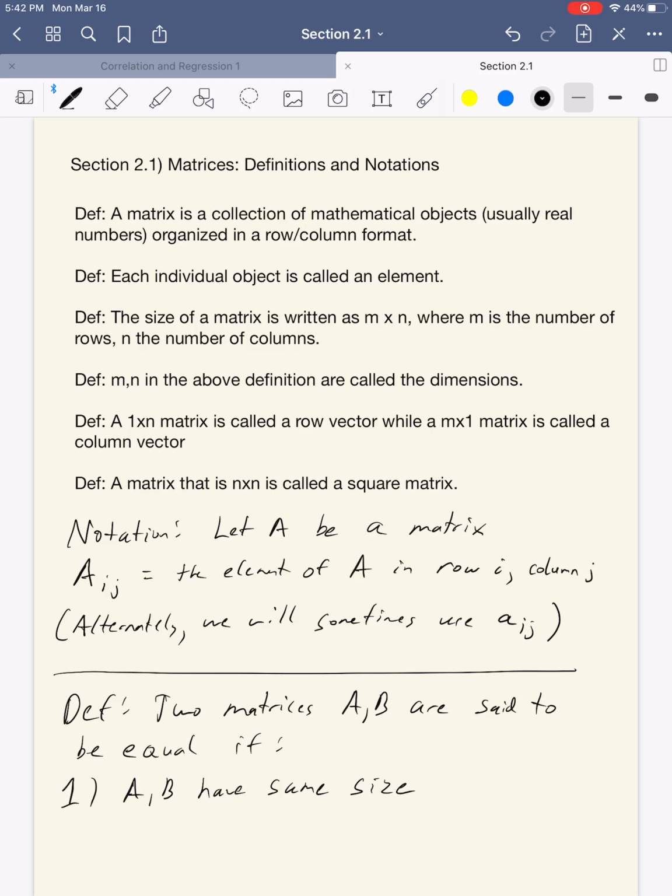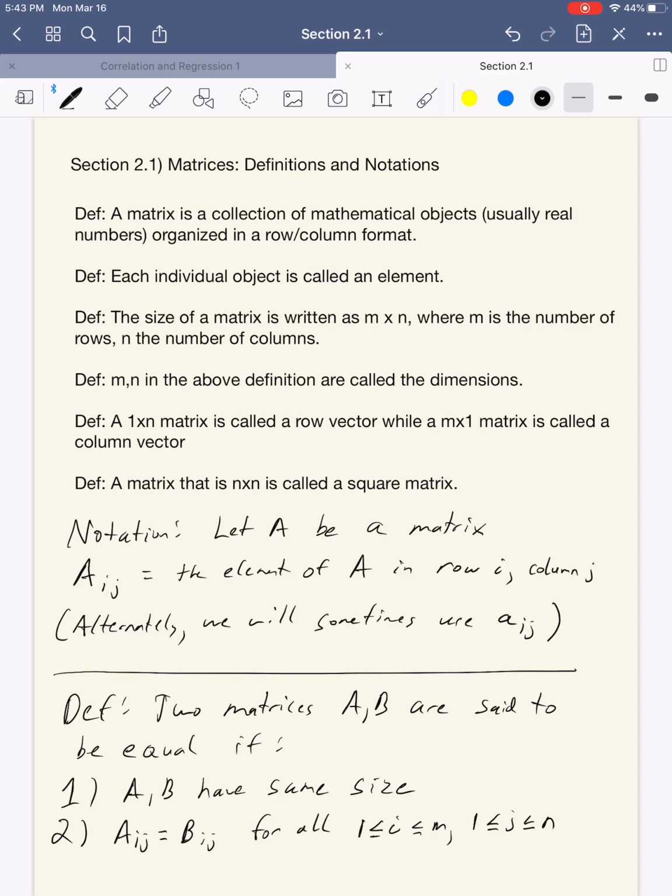So the two matrices have to be identically sized. And two, A sub ij equals B sub ij for all, let's say, 1 less than i less than m, and 1 less than j less than n.